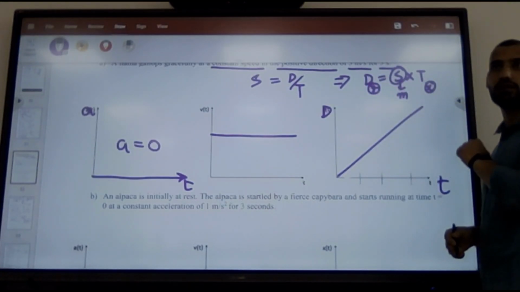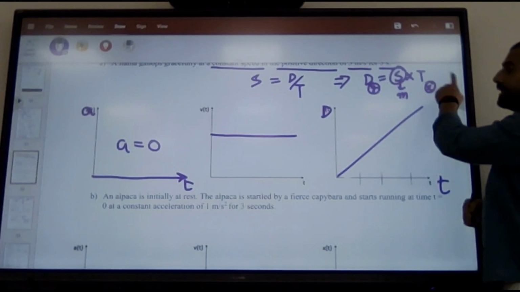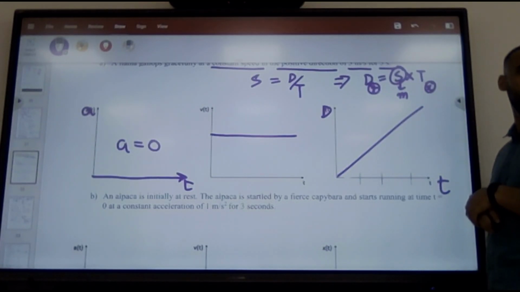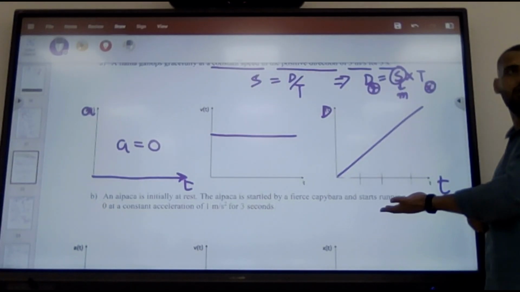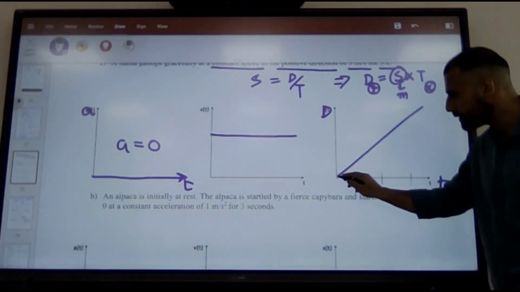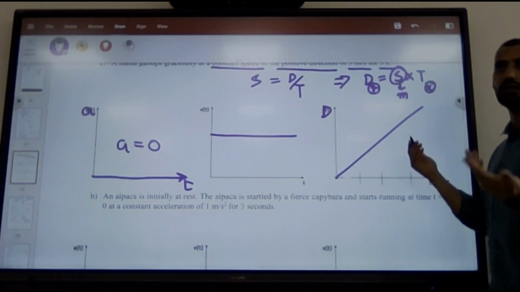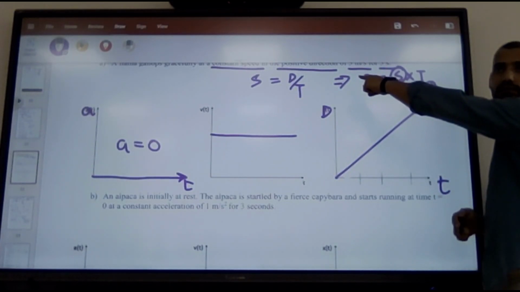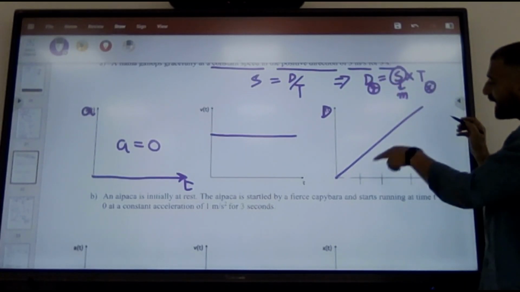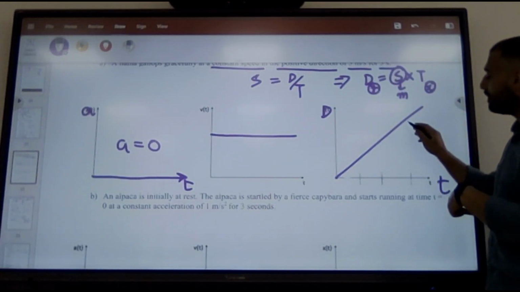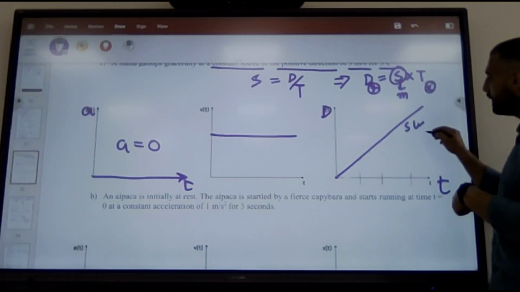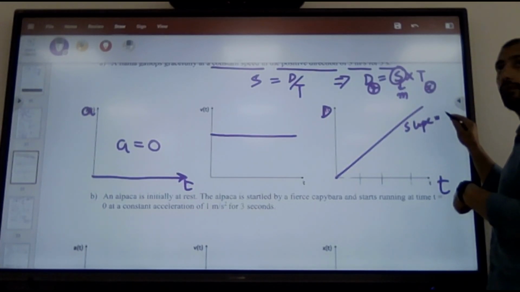Linear equation confirms straight line. Is there any intercept? No. It has to start from the origin. So you have to start it from the origin and then it is a straight line. Because speed is positive 3. Is that clear? So the distance time graph, its slope will be equal to how much?